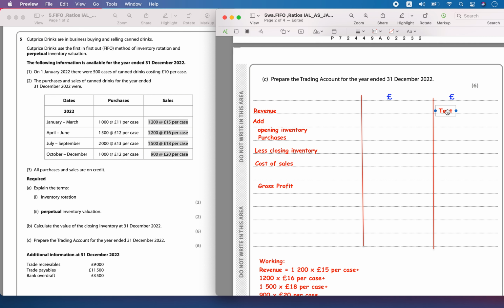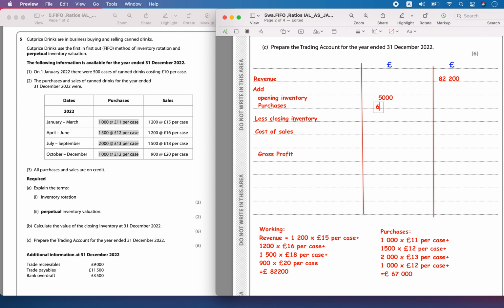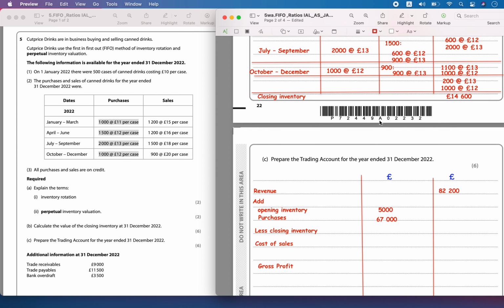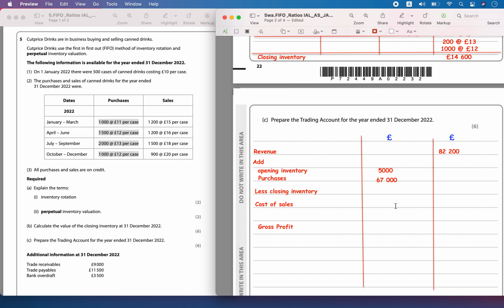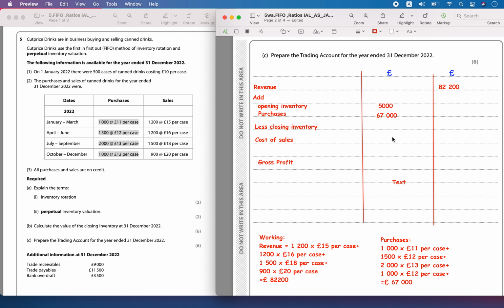It is going to give you 67,000 pounds. Then you have less the closing inventory. Closing inventory was 14,600, so we have to subtract that.